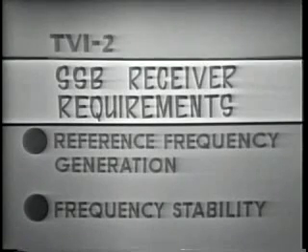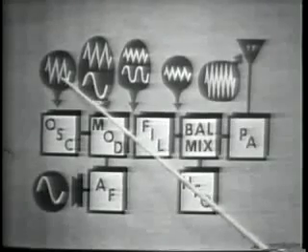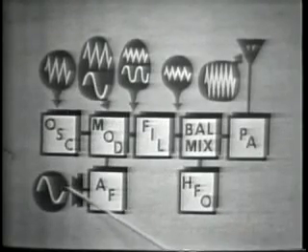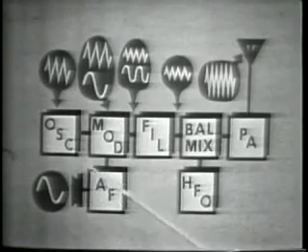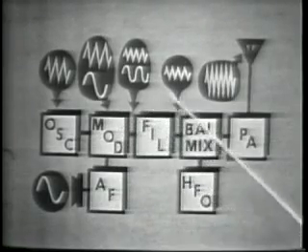Now let's quickly summarize the entire single sideband system to make sure everything fits together. The transmitter generates a stable low-frequency RF carrier, which we modulate with an audio frequency. The balanced modulator mixes the two and creates the sidebands.